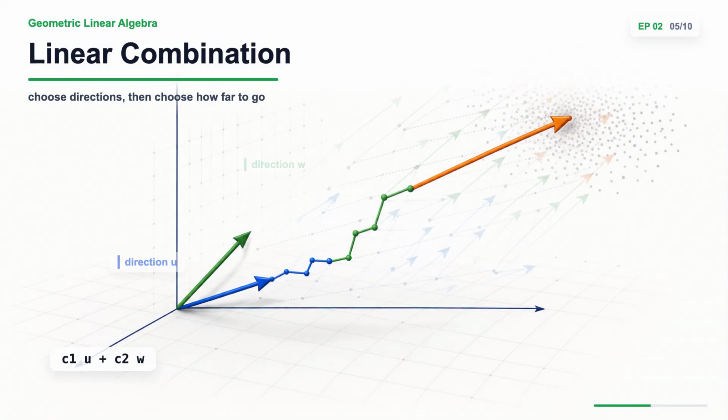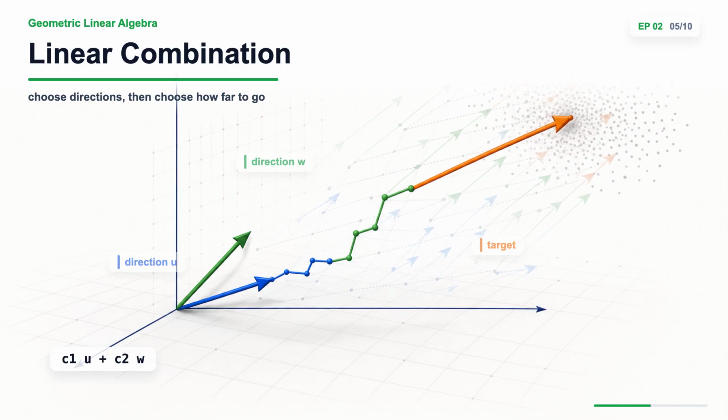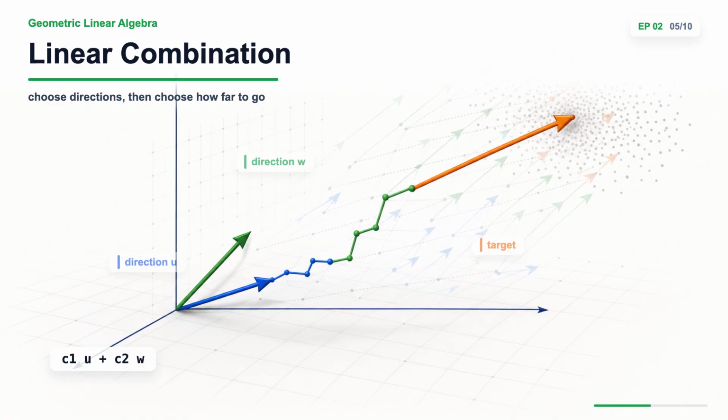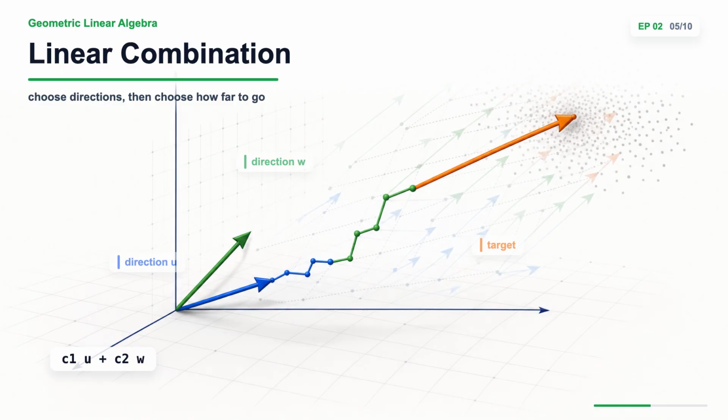A linear combination is the basic move that keeps returning throughout linear algebra. You choose a few directions, then choose coefficients that say how far to walk along each one. For example, c1 times u plus c2 times w means walk some amount in the u direction and some amount in the w direction, then combine the movements.